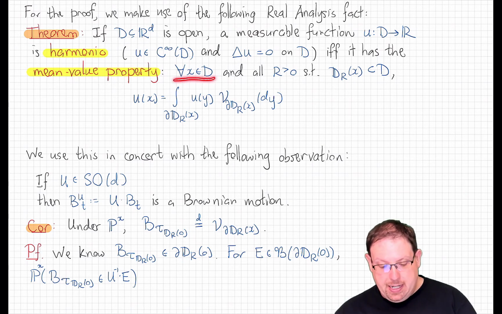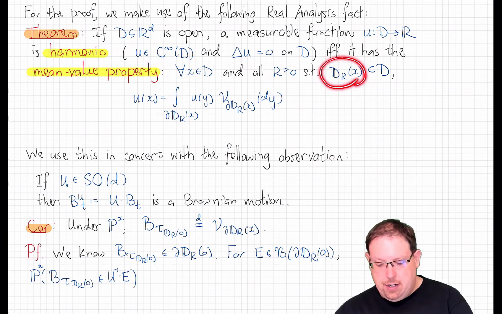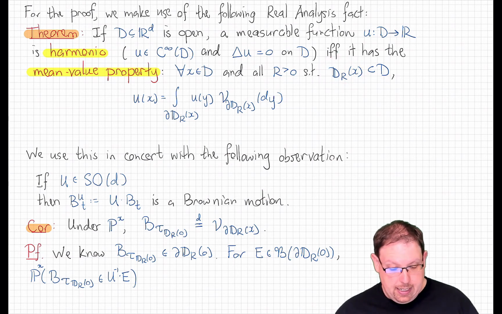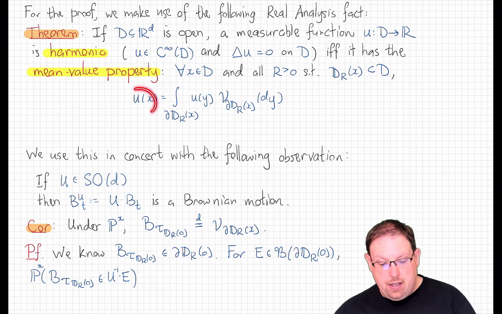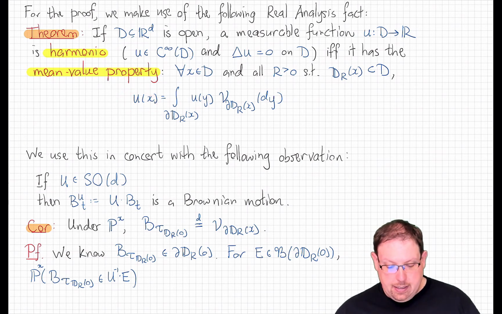For any point x in that open set, and any radius r for which the disk of radius r centered at x is completely contained in D, then the value of that function u at x can be computed as the average value of u on the sphere of radius r around x.